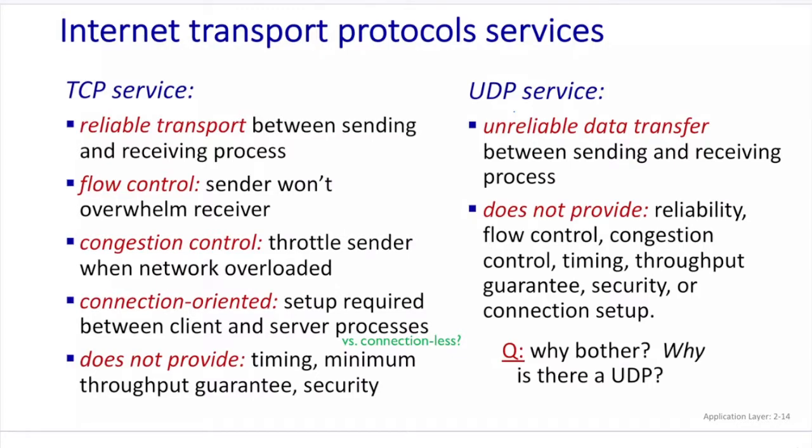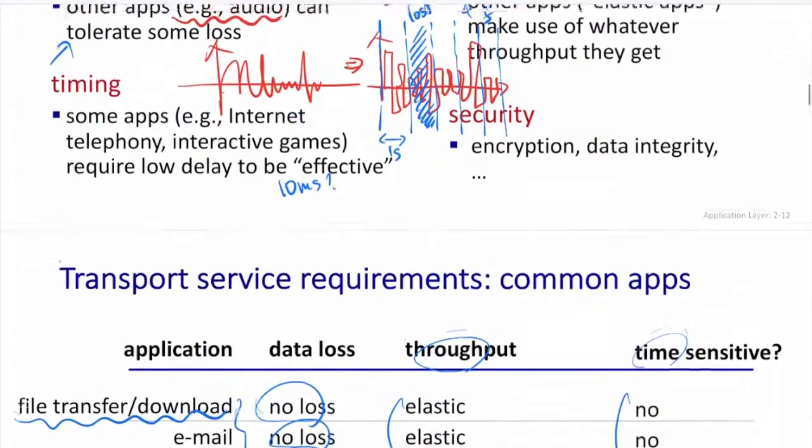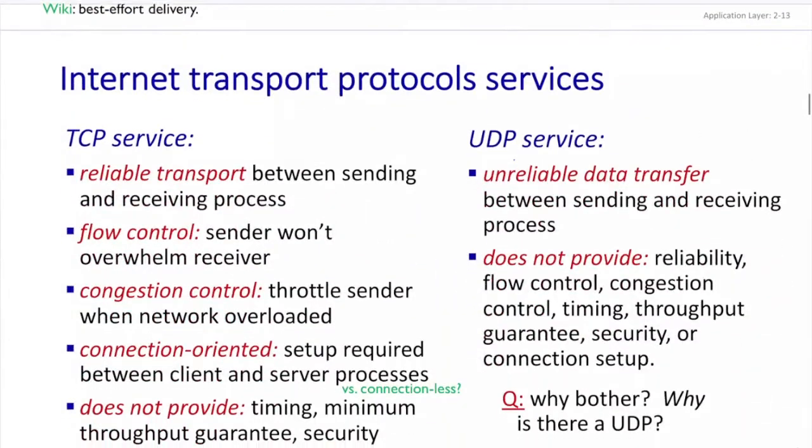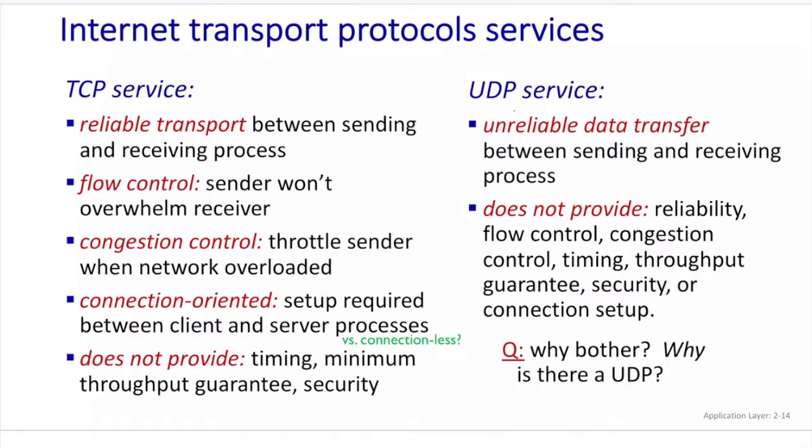Okay, let's use the information we provided in this page: data integrity, timing, throughput, and security, to explain the difference between TCP and UDP. First, I think the biggest difference between TCP and UDP is the way they transfer messages.